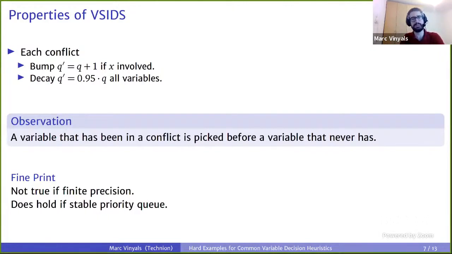And then what happens depends a lot on the exact implementation of the solver. If the solver uses a stable data structure where numbers with the same score are not rearranged, then this observation is still true. If it has another kind of data structure, then it might not be true. But again, things start to get messy, so we're just going to assume that the observation holds for now.